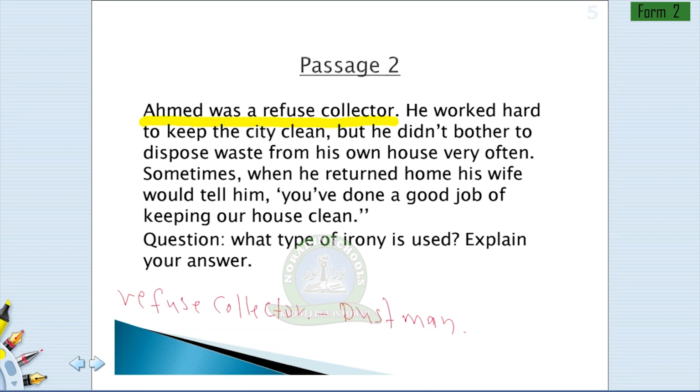Ahmed was a reviews collector. He worked hard. That means he has tried his best to keep the city clean.